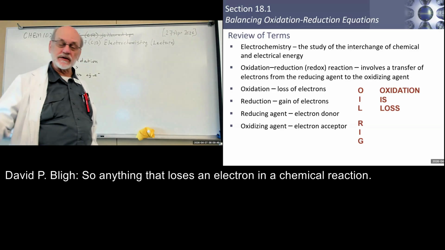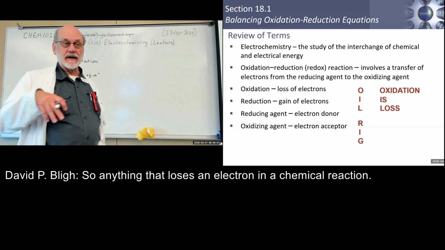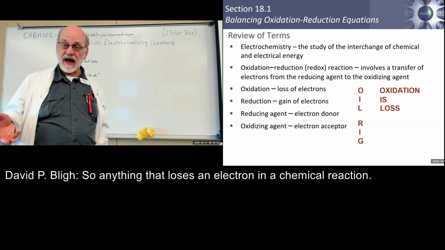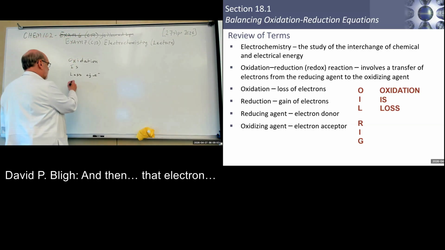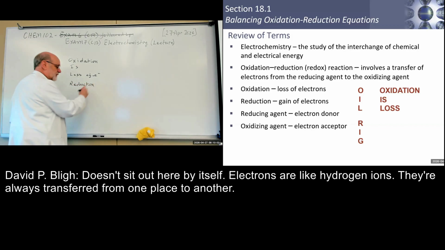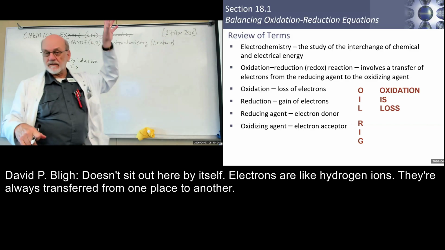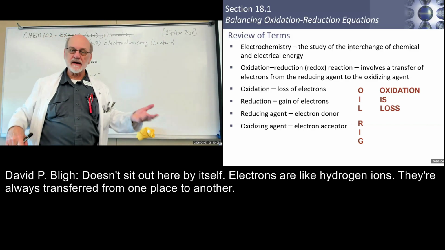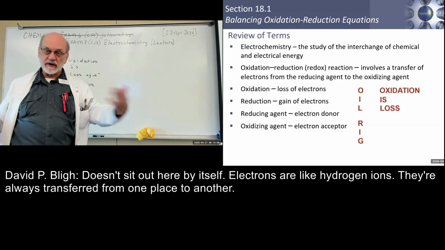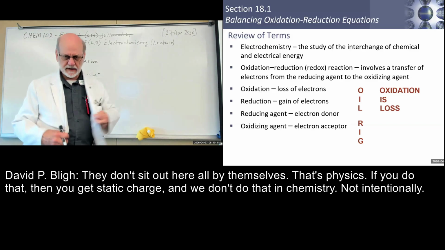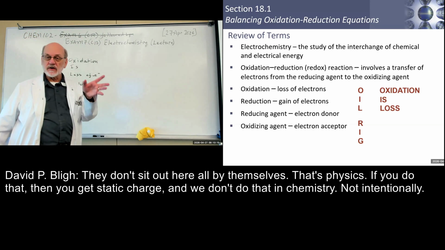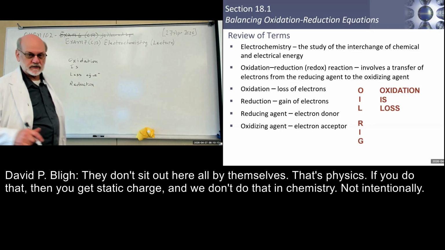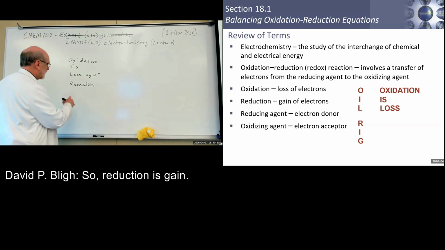So anything that loses an electron in a chemical reaction is said to be oxidized. And then that electron doesn't sit out here by itself. Electrons are like hydrogen ions. They're always transferred from one place to another. They don't sit out here all by themselves. That's physics. If you do that, then you get static charge, and we don't do that in chemistry, not intentionally.